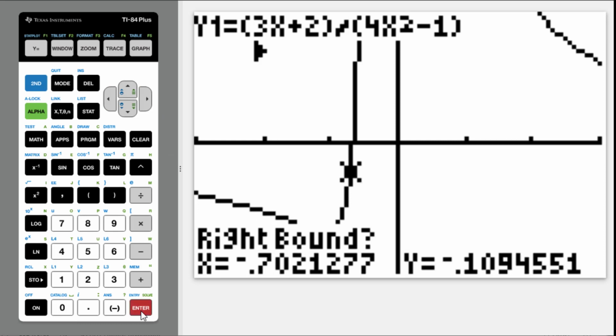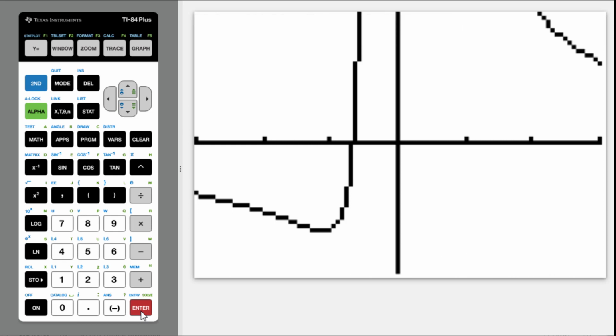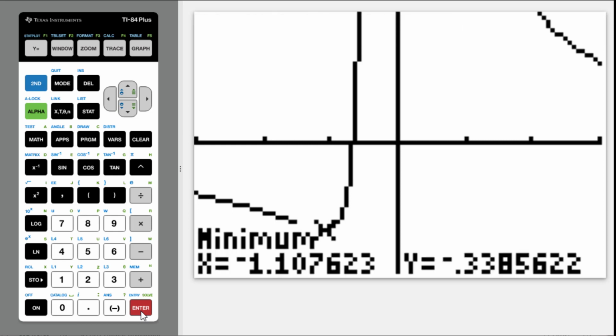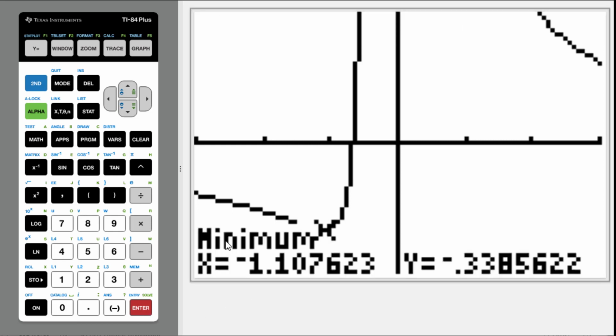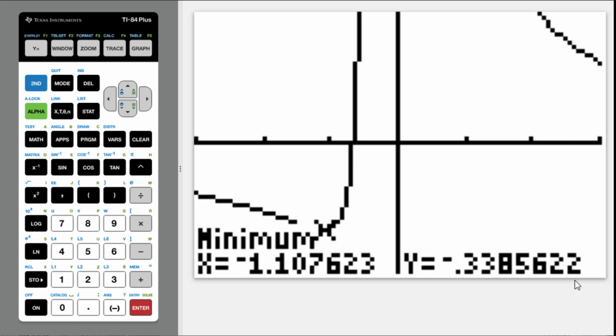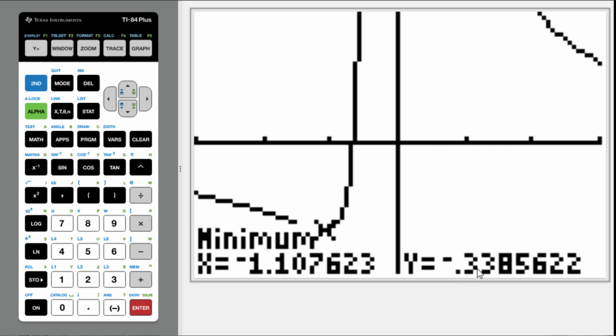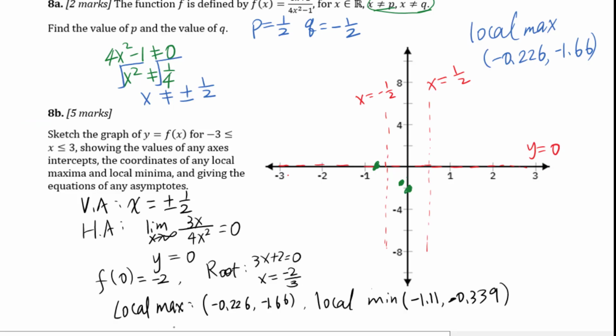Then enter. Enter. We get a local minimum, negative 1.11, negative 0.339.